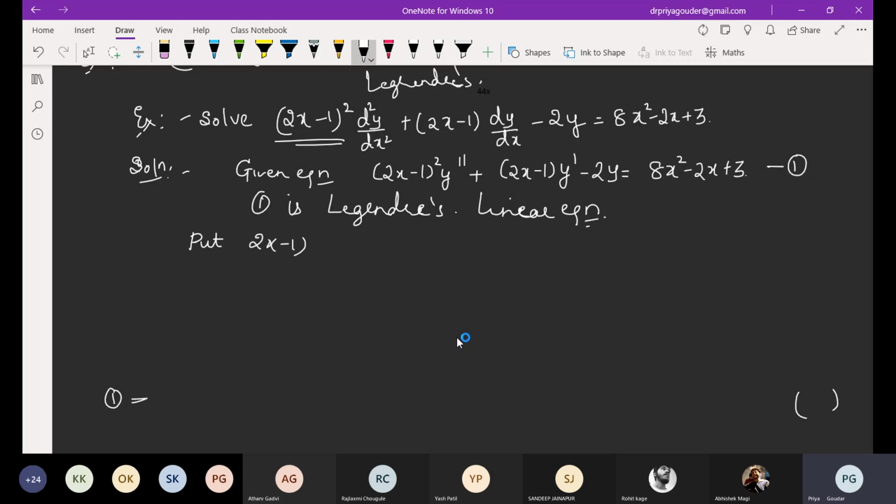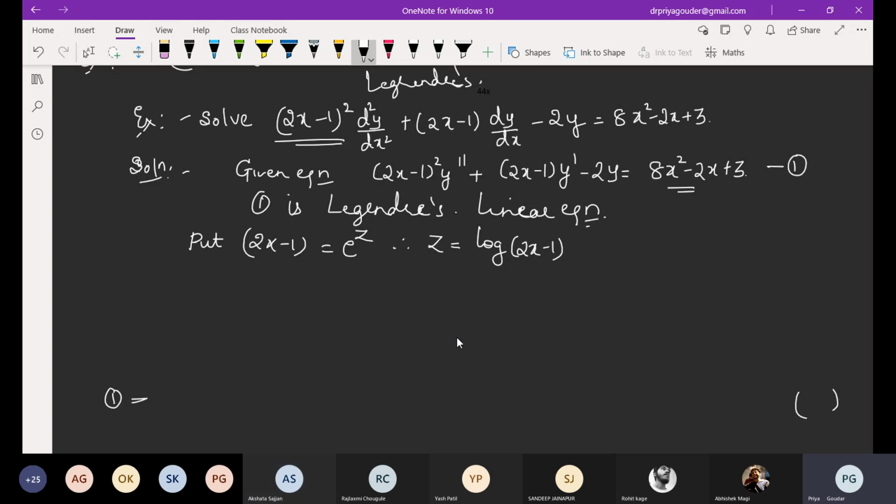Take that linear factor and it is to be substituted as e raised to z. That e raised to z is fixed, only the linear factor changes from problem to problem in case of Legendre. So what is z from here? Log of 2x minus 1. Very good.